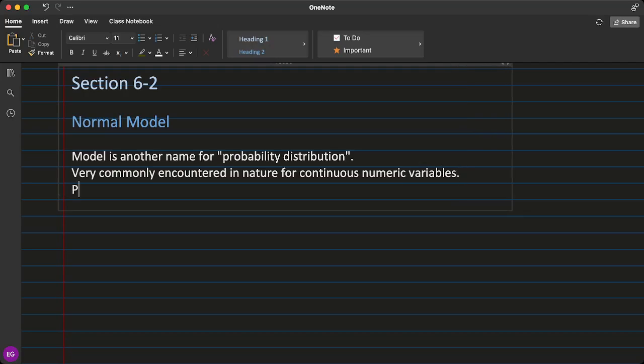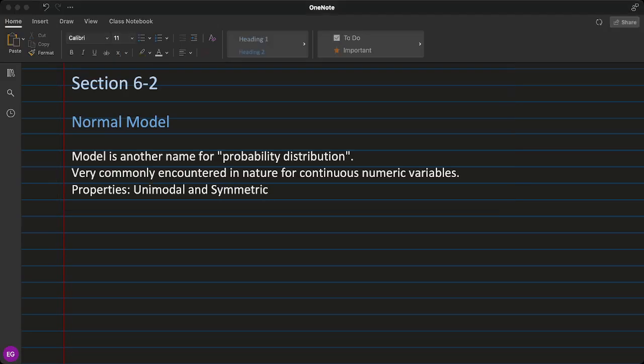So, two properties that you're going to notice right away when you look at some examples are that it is unimodal and symmetric. So I'm going to change us over to StatCrunch, and we're going to look at an example.